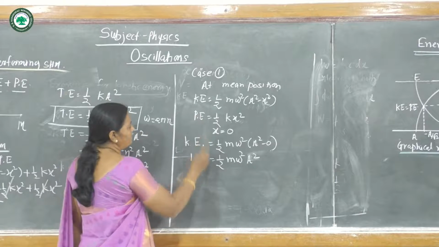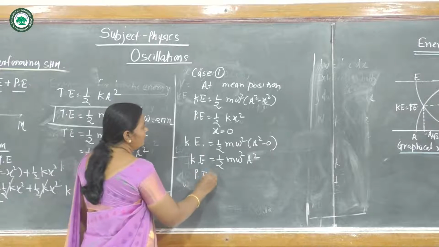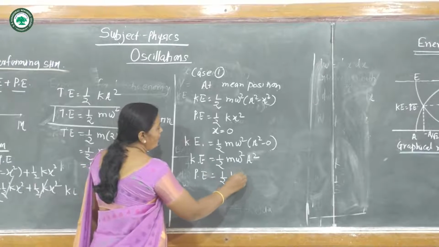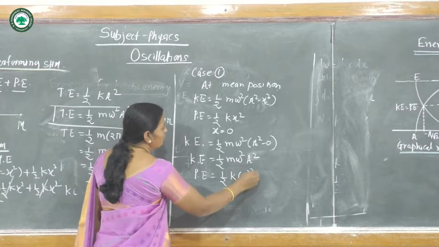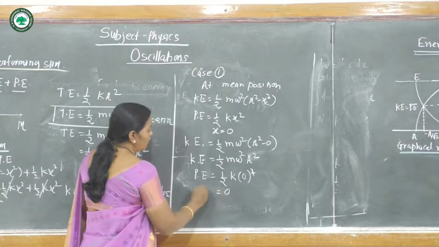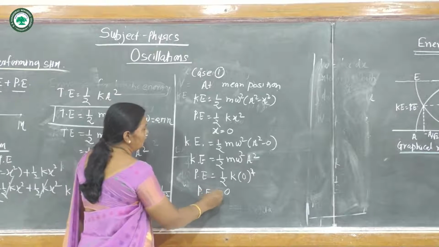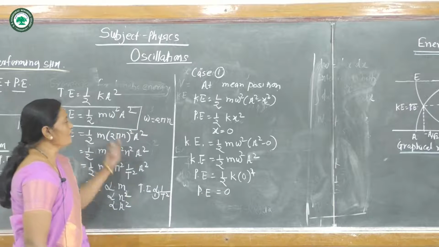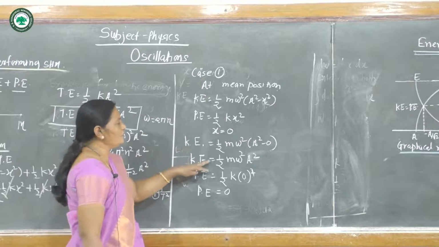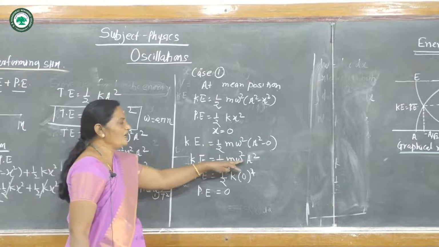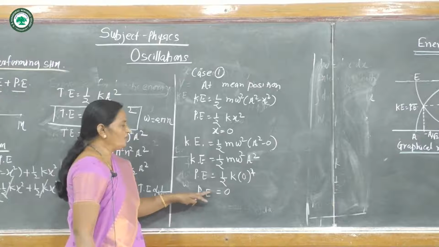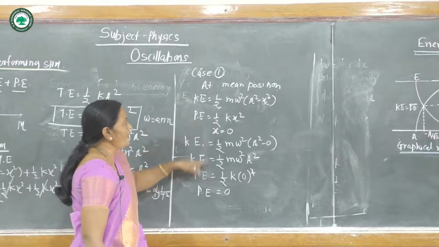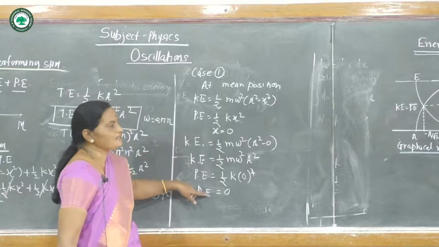Now substitute the value in potential energy. At mean position it is 1/2 k x square, the value of x is 0, so it becomes 0. Potential energy is 0 at mean position. Kinetic energy is 1/2 m omega square a square and potential energy is 0.